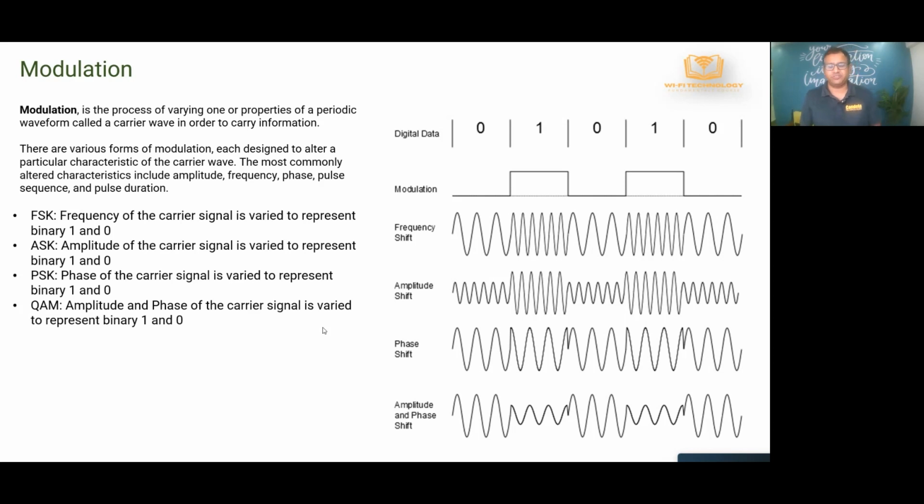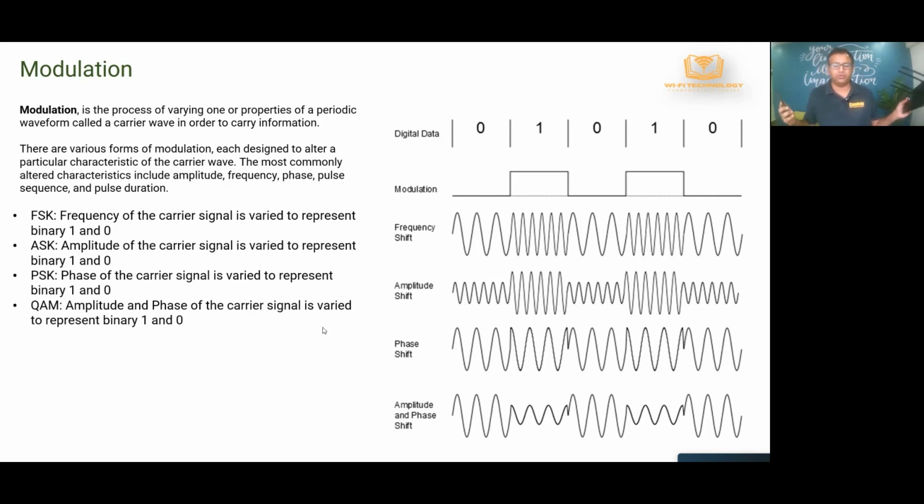If you're changing frequency, for example, if you want to send zeros and ones, the transmitter will have an agreement with the receiver. This is the transmitter, this is the receiver. They agree that they are going to use frequency to carry information, or change the frequencies to carry information.